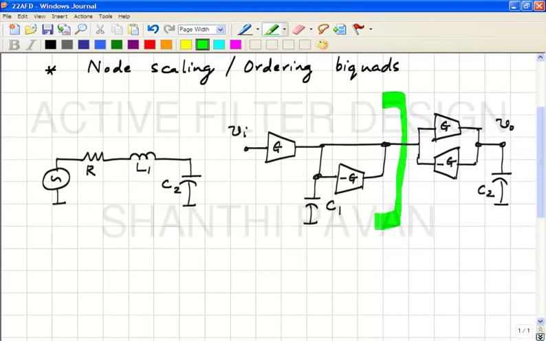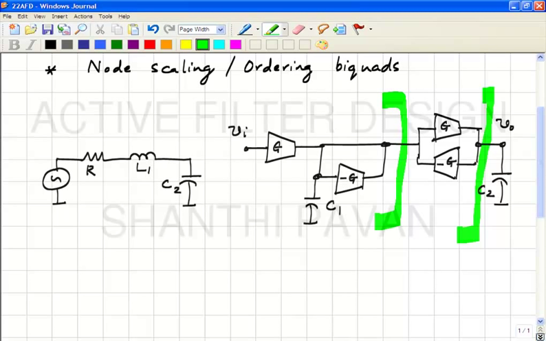Looking back from here, how does it look like? R and C in parallel with a current source of value G times Vi. Now if you look at the circuit from here, how does it look like? A current source, a resistor, a conductance and a capacitance are in parallel. So when you look at it at the other end of the gyrator, it looks like a voltage source in series with an impedance.